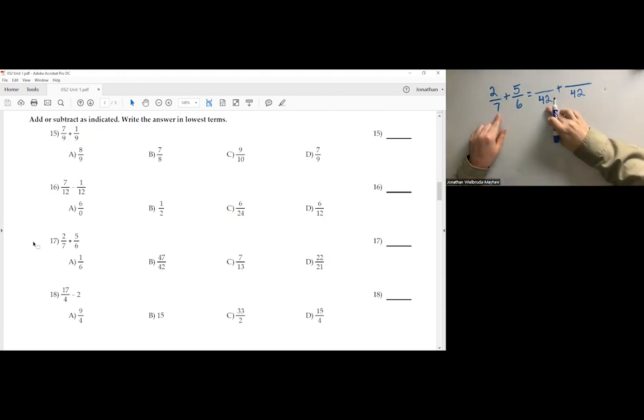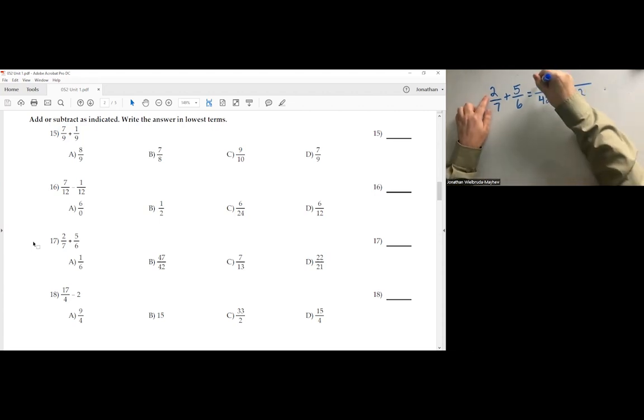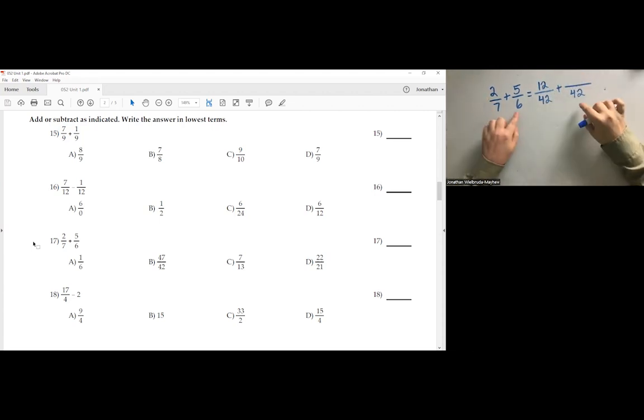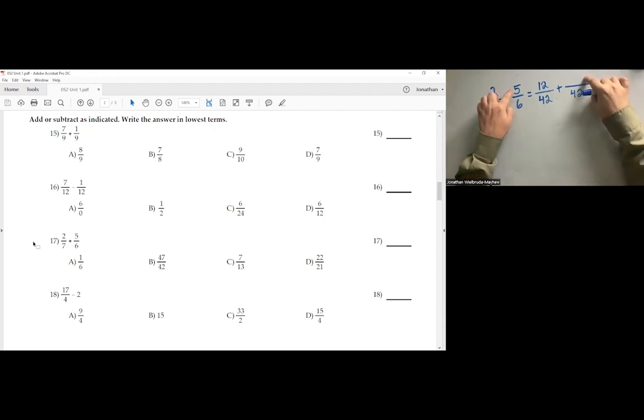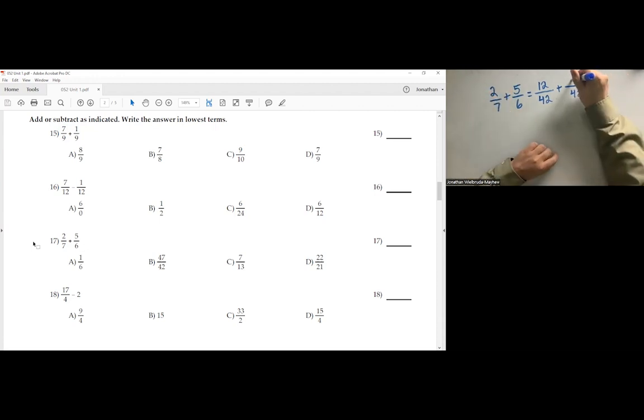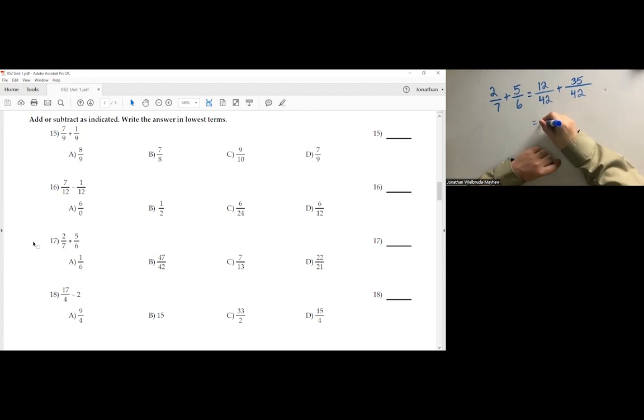Seven times 6 is 42. 2 times 6 is 12. 6 times 7 is 42. 5 times 7 is 35. Keep the 42 on the bottom.